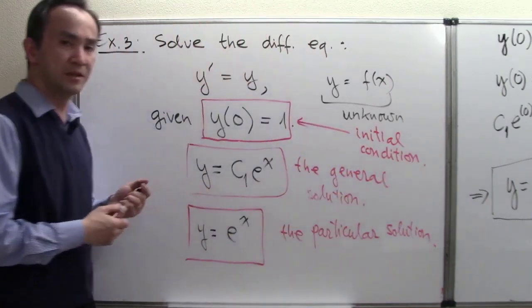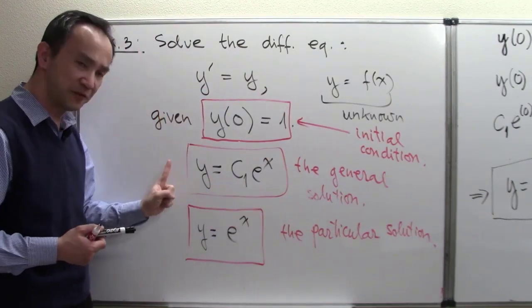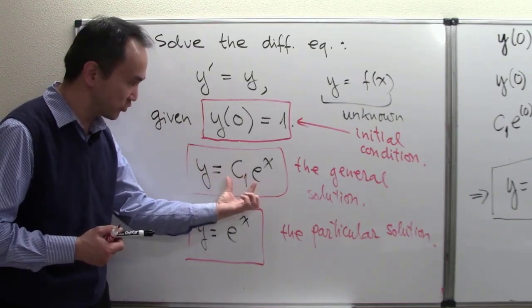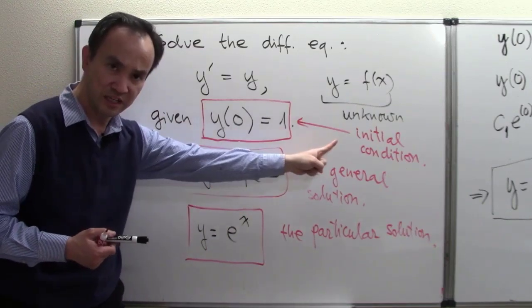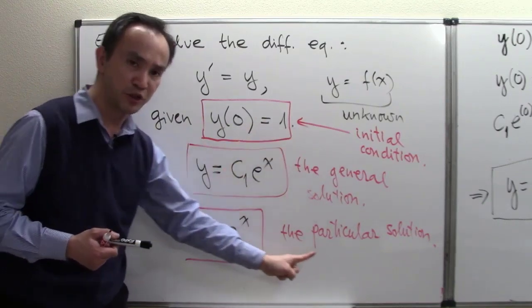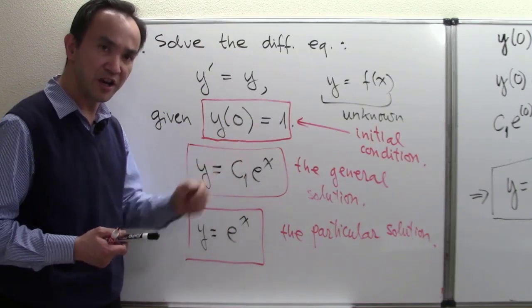Because you have seen the process. We had to first find the general solution. And from that general solution, we rely on this given initial condition to find our specific particular solution, the solution that meets this specific condition.